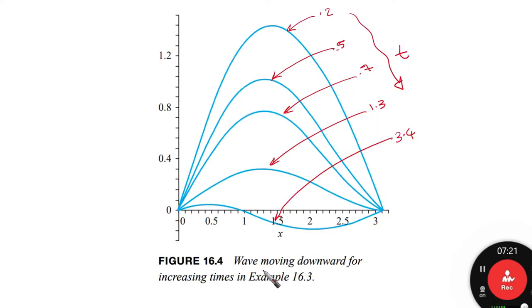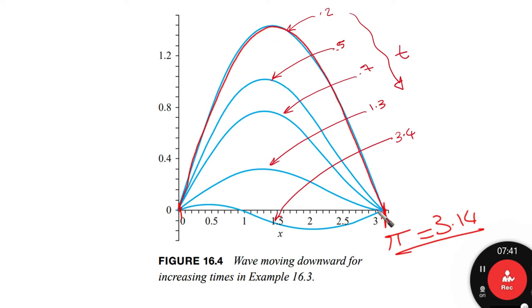So let's go here. Yes, we can find it like this. This is the function. First of all, this is the interval from 0 to pi, 3.14 something, and this is the start of the first wave. As I said, it starts with initial velocity.